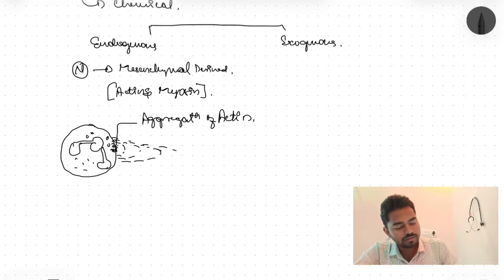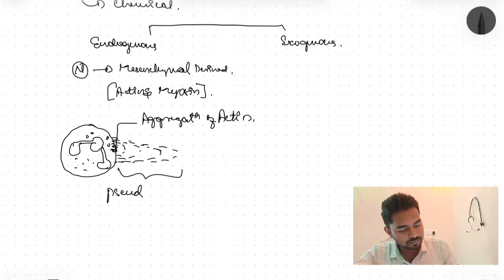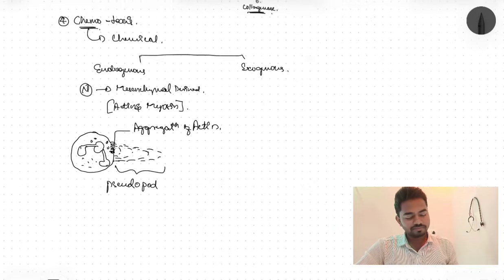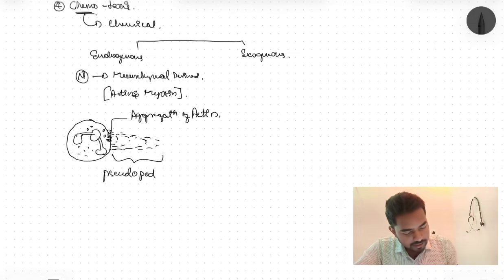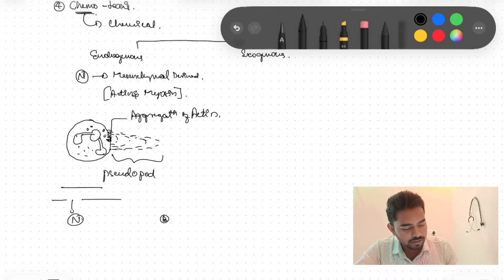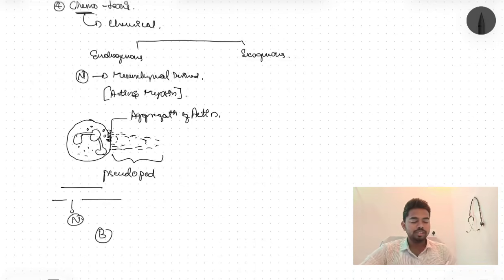there will be a protracted state. We'll call this pseudopod. Why is this important? If there is bacteria here and neutrophil came out of blood vessel, neutrophil should recognize where the bacteria is.